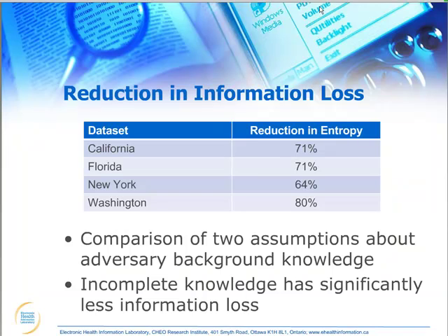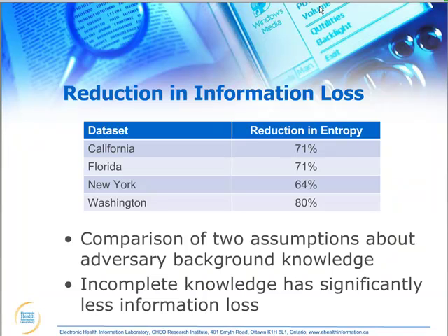So the baseline assumption about the all-knowing adversary is, I think, somewhat unrealistic. It's very conservative and will result in a lot of distortion to the data. By making some modest relaxations of that assumption, you can have a huge reduction in information loss and get much higher quality data, which is essentially what we've done. We've relaxed the assumptions, and we developed algorithms that will de-identify against an adversary who still knows a lot, but not the all-knowing adversary.